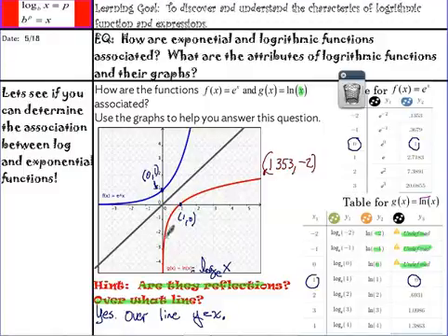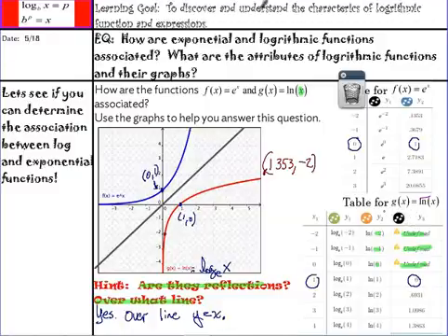And to verify that, see at -2, this x value right here for the y value of -2 is approximately equal to 0.1353. So remember, my point here is that inverses means that the x and y coordinates have been switched. So if I switch these x and y coordinates, then I will obtain the points that would be on the graph of the natural log of x.